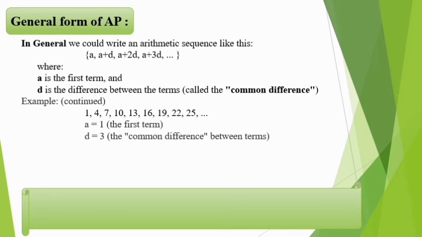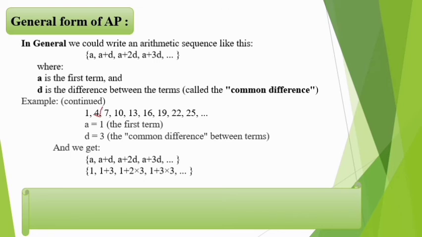So we write the sequence A, A plus D, A plus 2D, A plus 3D. The first term is 1. How can we find the second term? A plus D means 1 plus 3, so we get 4, and 4 is our second term.